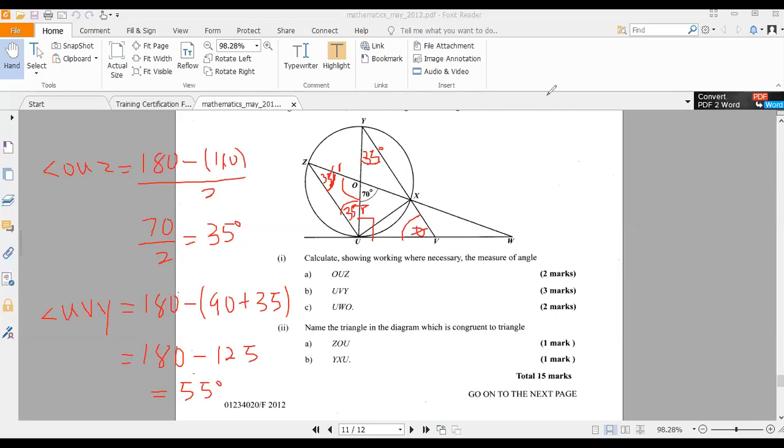Okay. Now, somebody is asking how I got a 90 now. Remember, when this radius here and this line here, the blue line I have drawn, make contact right here, this will form 90 what?